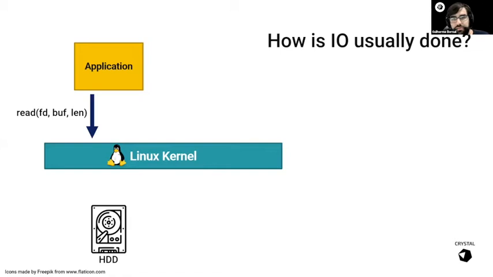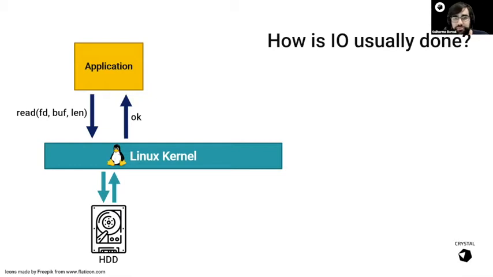We pass the file descriptor, the identifier of the file, a memory buffer, and a length, and we send it to the kernel requesting that particular file. The kernel will pause our application, then try to obtain the file from the hard drive, process it, get the response back from the device, and then send it to the application. It will then unpause the application and continue.